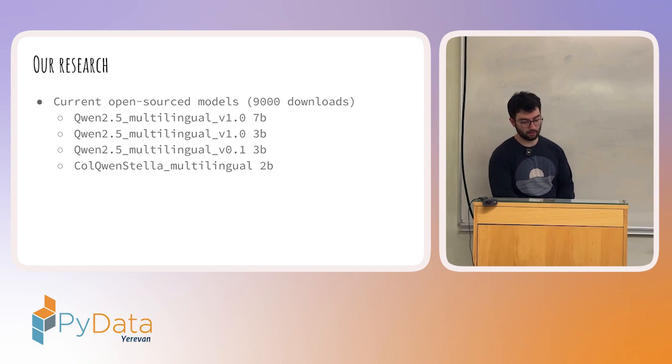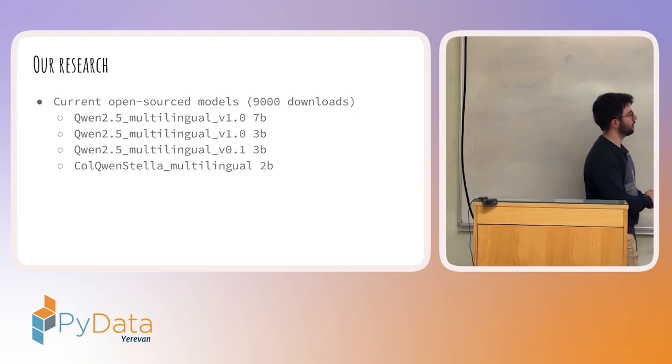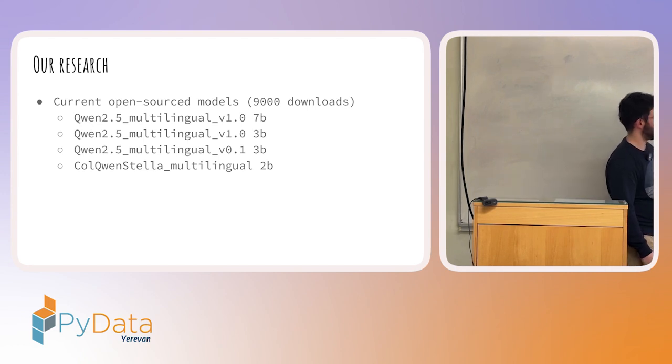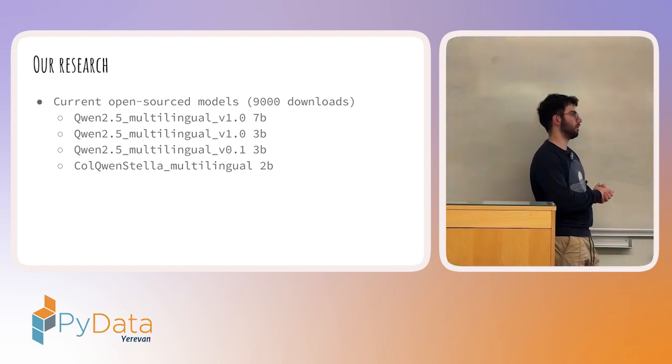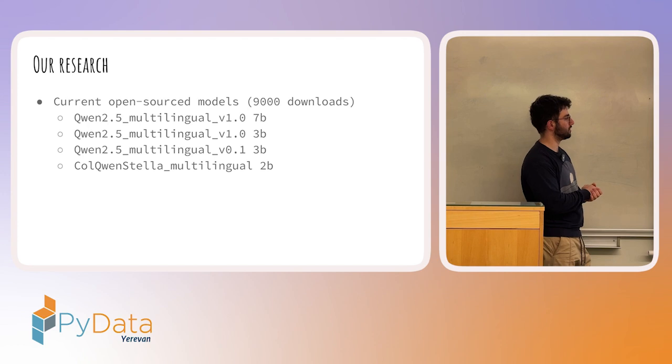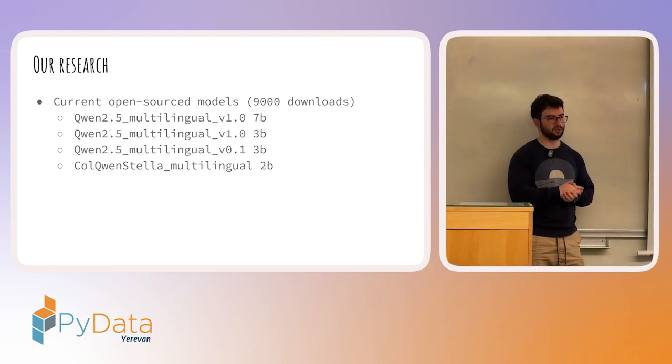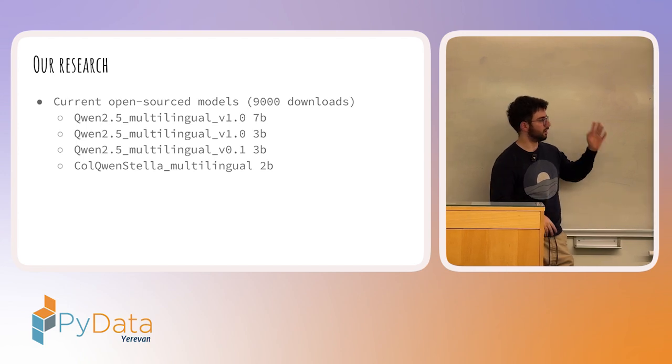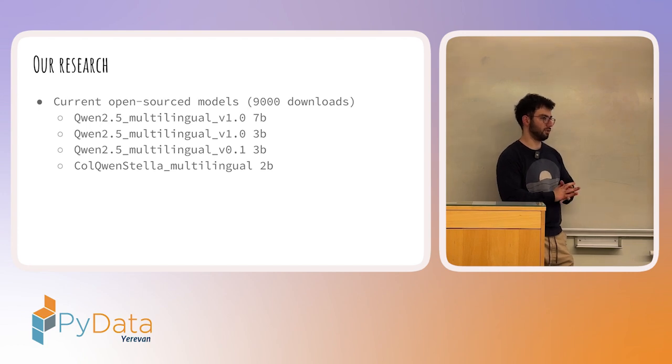Currently we have several models that are open sourced. These are mainly Qwen models, because during our last research we understood that Qwen is kind of the best open-source model working with documents. That's why whatever we do is mainly with Qwen.